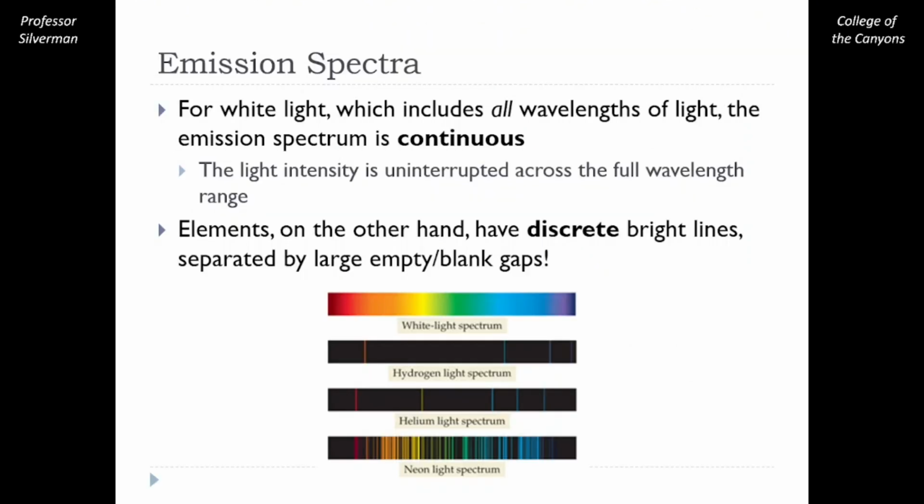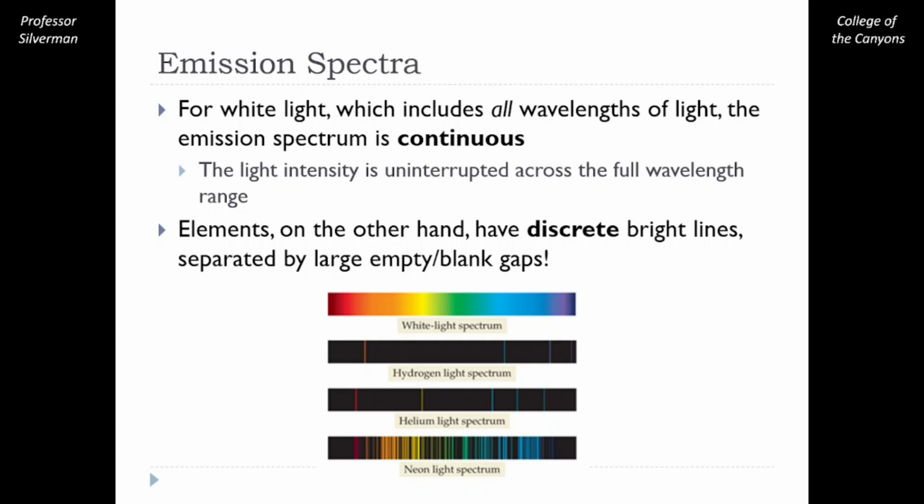This is a little bit weird and unexpected. We would expect for a light source to be able to emit every single color of the rainbow in a continuous spectrum. That is not the case, though. Hydrogen only has 4 very specific colors that it emits.